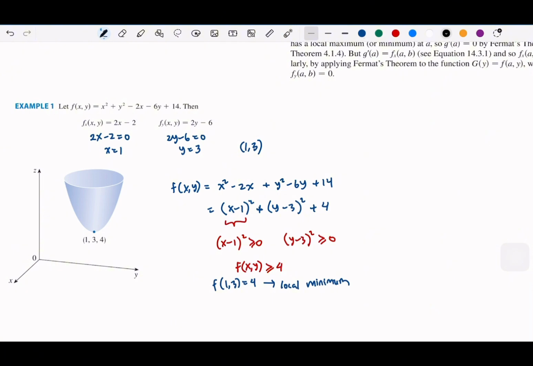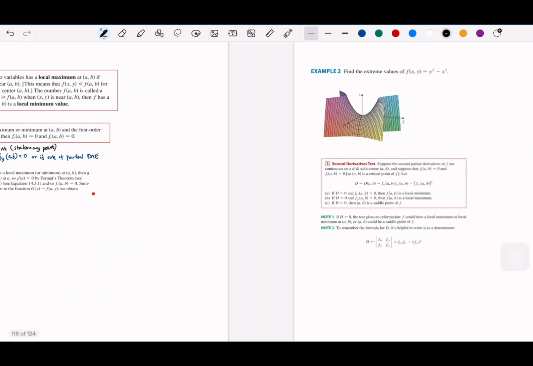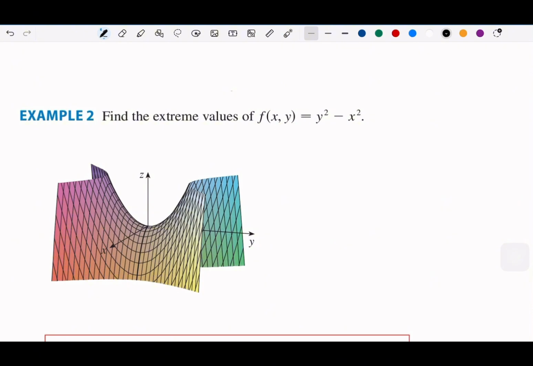Okay. Now, if we see another condition, let's say we have another function. Suppose that we have this function here. So this is what we call a hyperbolic paraboloid.